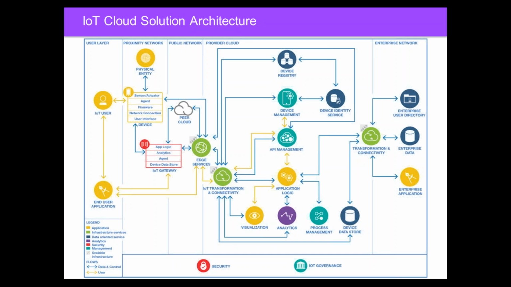What we're showing here, and I'll give you a little bit of history here, is lots of arrows and colors and everything else, and you'll notice the legend on the bottom left. We're showing you data and control flows, user interaction flows, which things are application related, which are infrastructure services, and which are data-oriented services, analytics, security, and management.